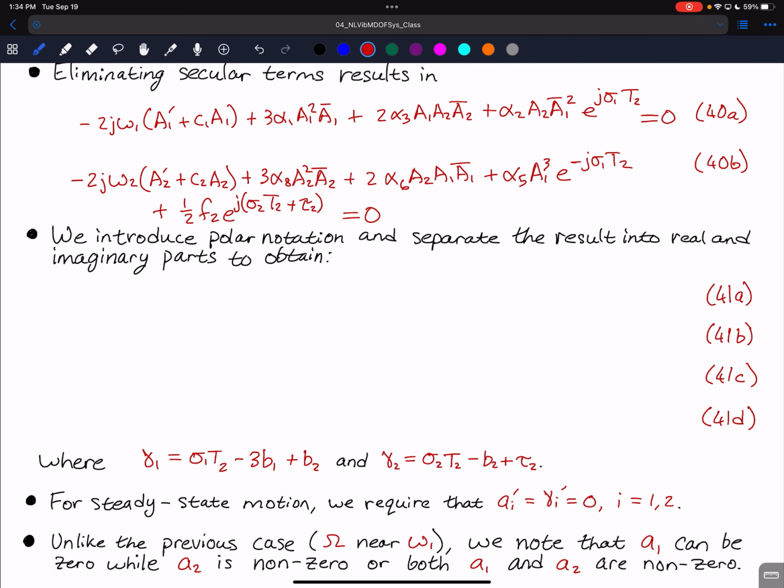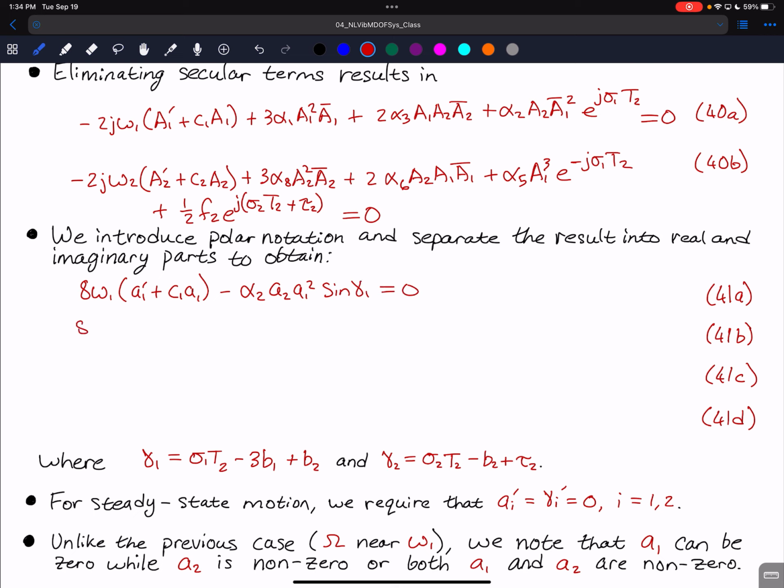We're then going to obtain the following 4 equations that govern the slow flow dynamics, which are 8 times omega 1 times a1 prime plus c1 times a1 minus alpha 2 a2 a1 squared times the sine of gamma 1, and that's all equal to 0.